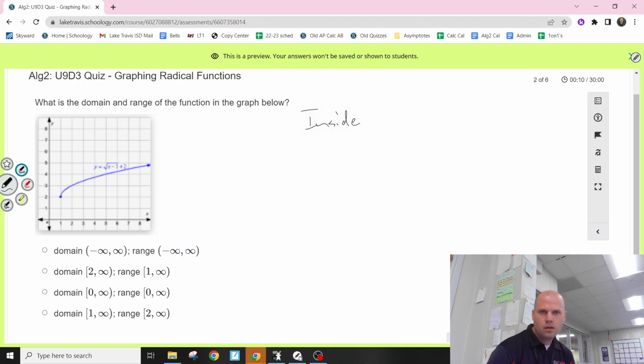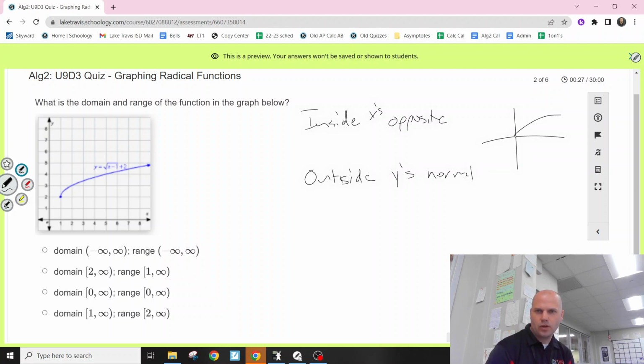Inside a square root affects the x's, and it does it the opposite of what you think. Outside is going to affect the y's, and it's going to be normal. The square root graph is only going to be from 0 to infinity for our x's. This is our domain.